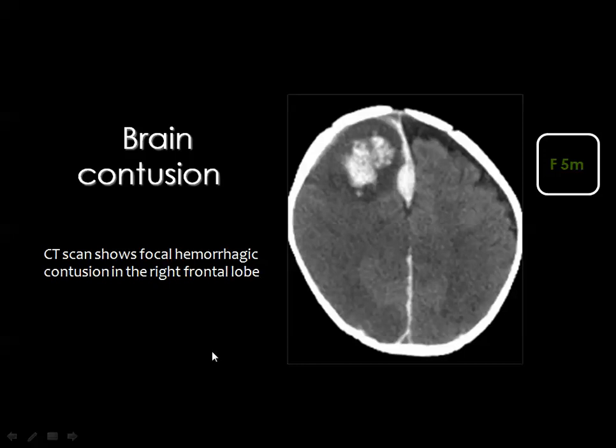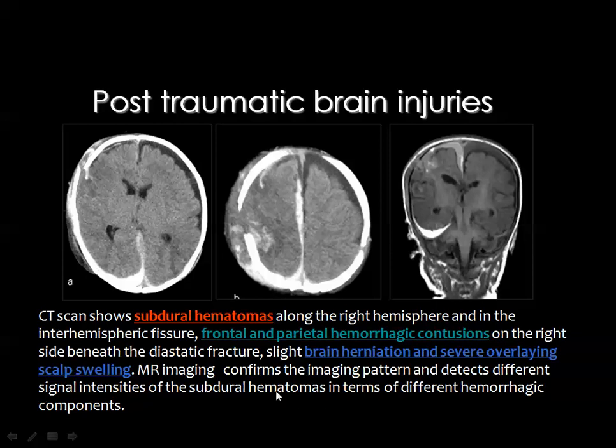And of course, you can appreciate that there is a swelling of the cerebral hemisphere, which is relatively hypodense compared to the normal one, and this is due to associated brain edema. And this is hemorrhagic contusion of the right parietal lobe.